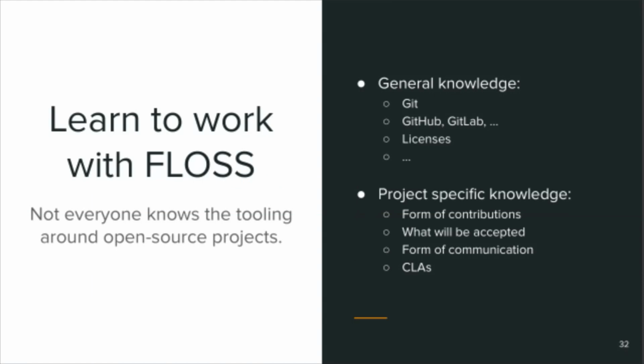The first thing you should learn is the tooling around contributions, which today essentially means learn to work with GitLab and GitHub. If you do that, you've already learned how to contribute to most open source projects today.